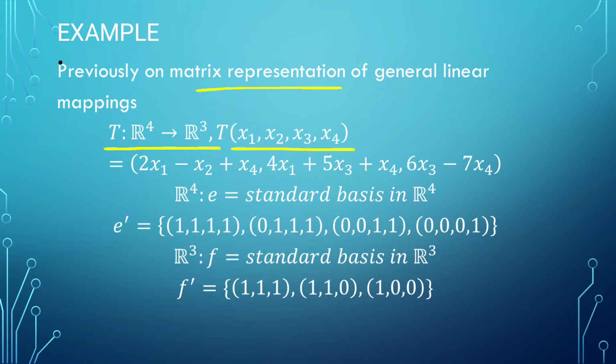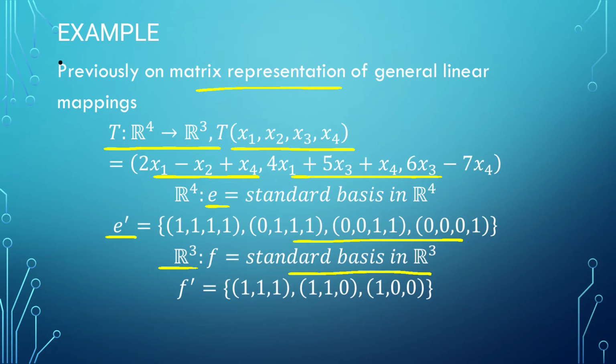Then it is mapped to three components, and these are the products for those. Remember, in R4 we have E being the standard basis, and E prime bases are defined below. In R3, F is the standard basis of R3, and F prime is this.